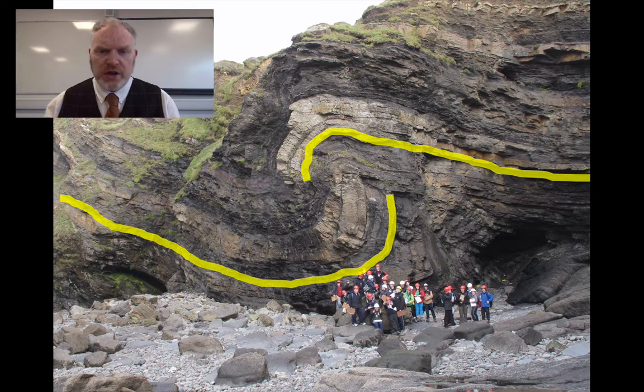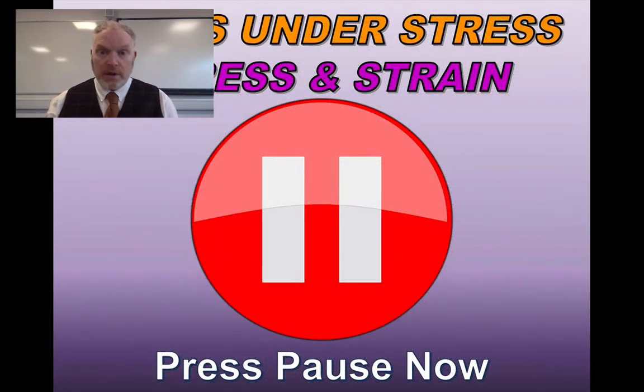Use as much of the language that we've been covering the last couple of lessons as we can. If you're not sure the exact words, don't worry about it. Describe what you see. So, press pause now and have a go at that.